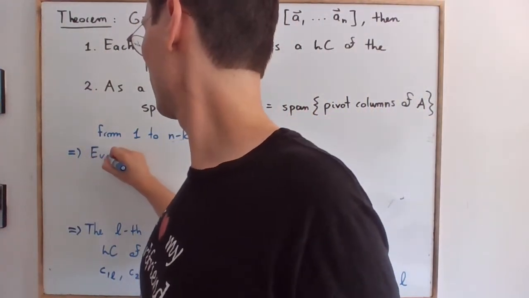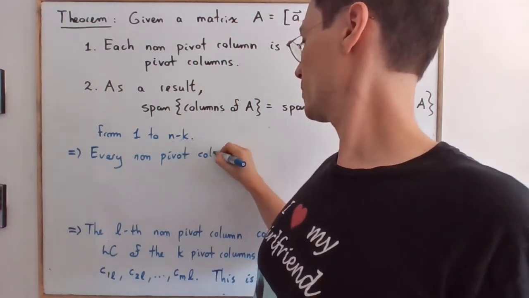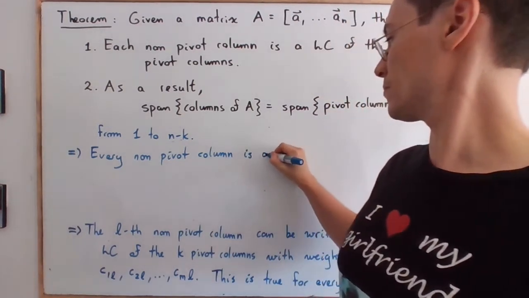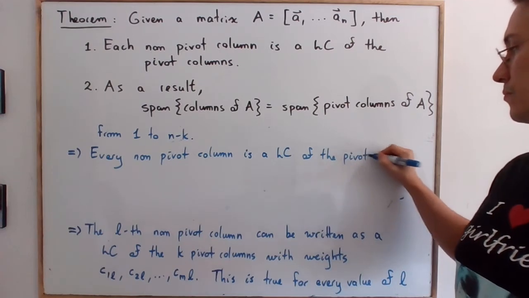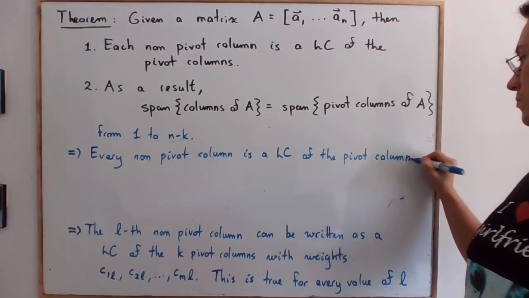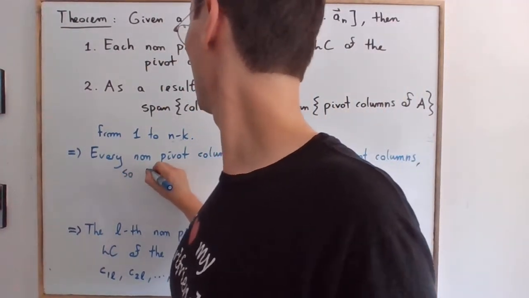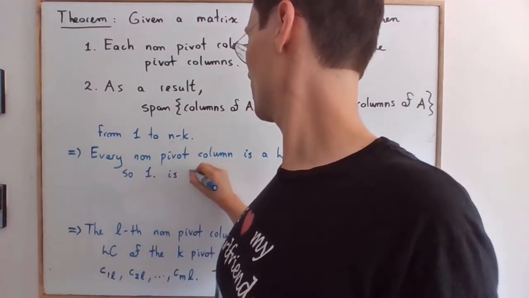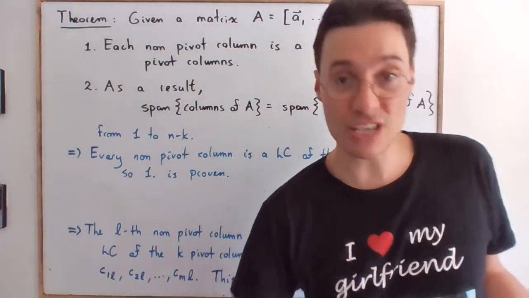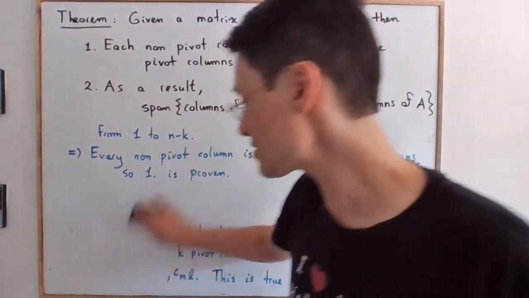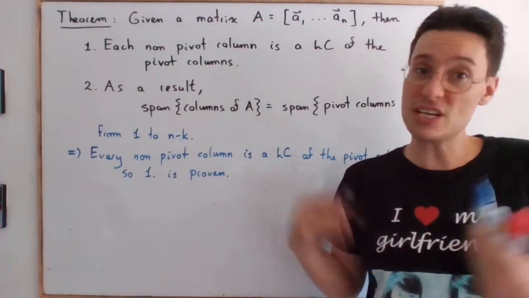Proving 1 was really just the hard part, because once one is proven, number two is really just a byproduct.